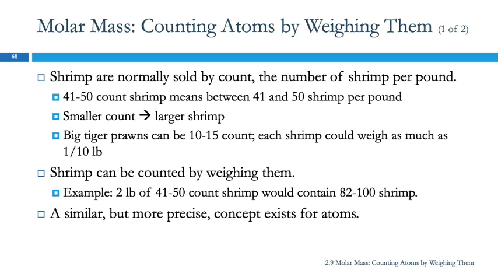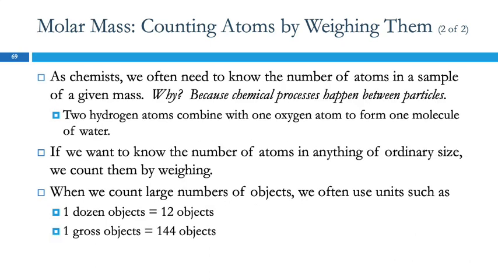Okay. We do a very similar thing with atoms. It's just a lot more precise. We're not going to have big ranges like that. We're going to have more precise numbers. We often in chemistry need to know how many atoms are in a sample. And that's because when we look at a chemical reaction, it's happening between individual particles.